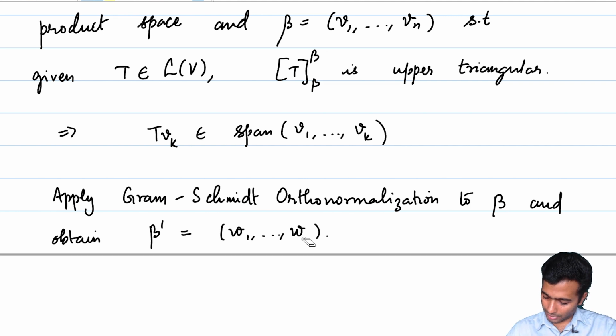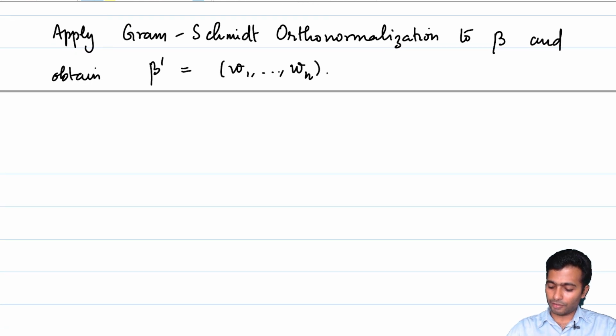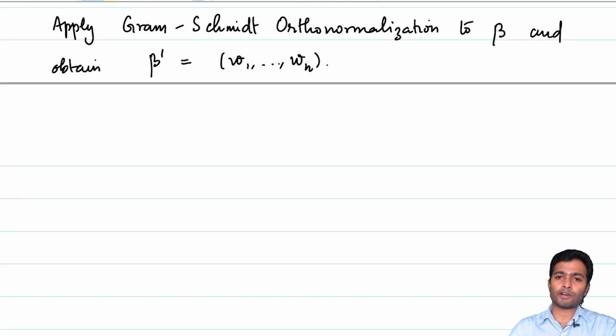So let me be careful here. Beta prime is obtained by Gram-Schmidt orthonormalization of V1, V2 up to Vn. And therefore, we get hold of vectors W1, W2 up to Wn.